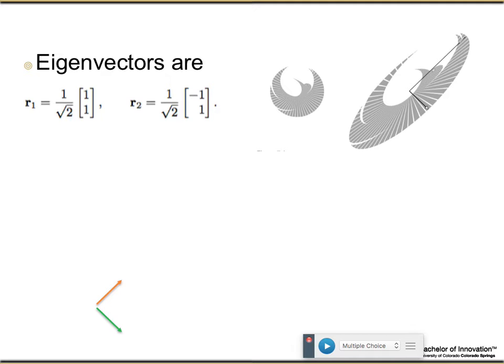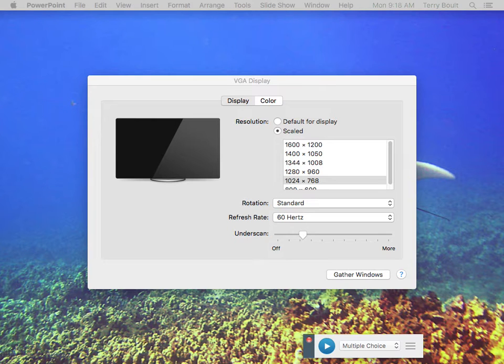Then I apply lambda, which scales it by 3 in one unit and 1 in the other. And then I rotate it back, which is why that thing looks like an ellipse, because I just rotated it, scaled one axis and not the other, and then rotated it back into place. So that's the eigen decomposition. And let's talk a little bit more about that one. Come back here later.